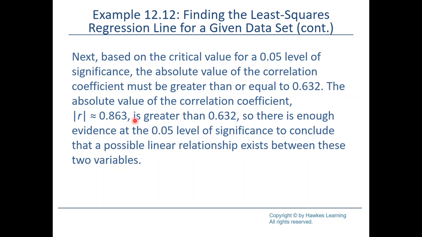Now, in our case here, our R, the absolute value of it, again, I always want to talk about the absolute value of it, 0.863 is definitely bigger than 0.632, so there is definitely enough evidence to show that this was statistically significant in a linear relationship between these two variables.